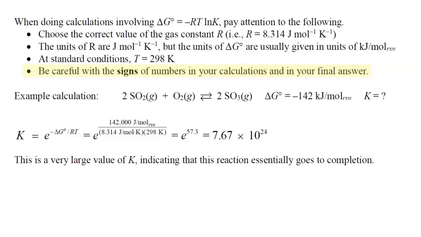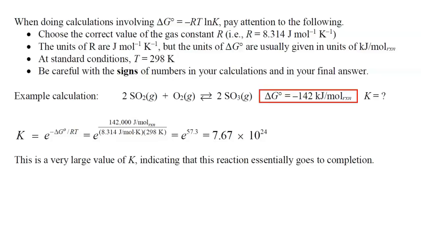So in this example calculation, we are given the chemical equation for a certain reaction. It says 2SO2 plus O2 produces 2SO3, and we are told that the delta G at standard conditions for this reaction is negative 142 kilojoules per mole of reaction.